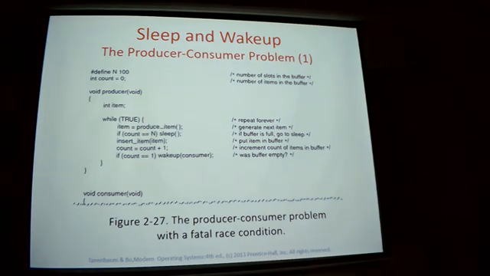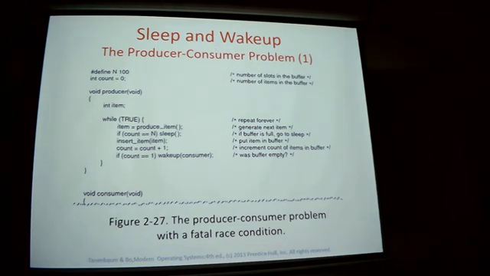The producer just produces data and stores them in the buffer. Another role is the consumer. The consumer just fetches the data from the buffer.